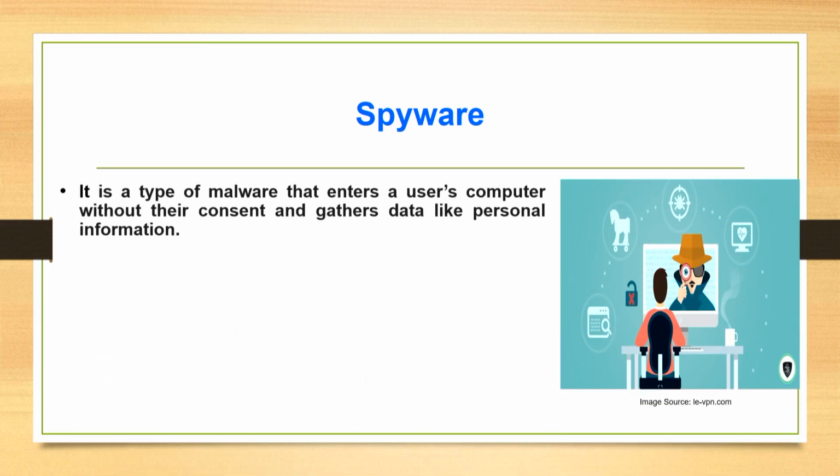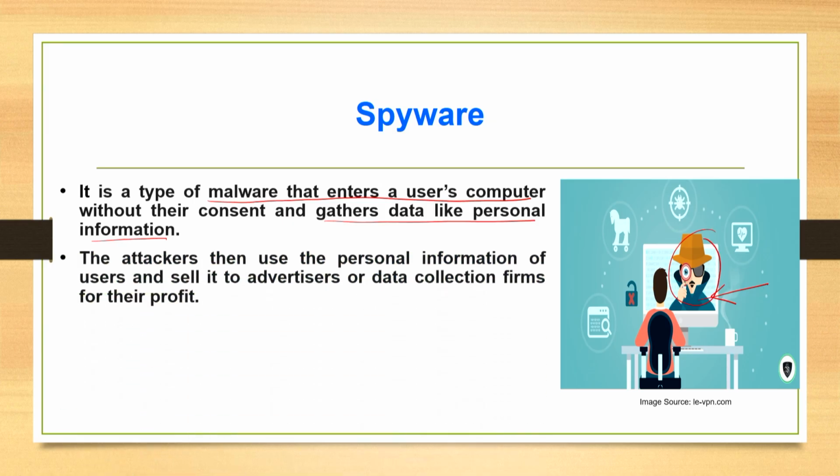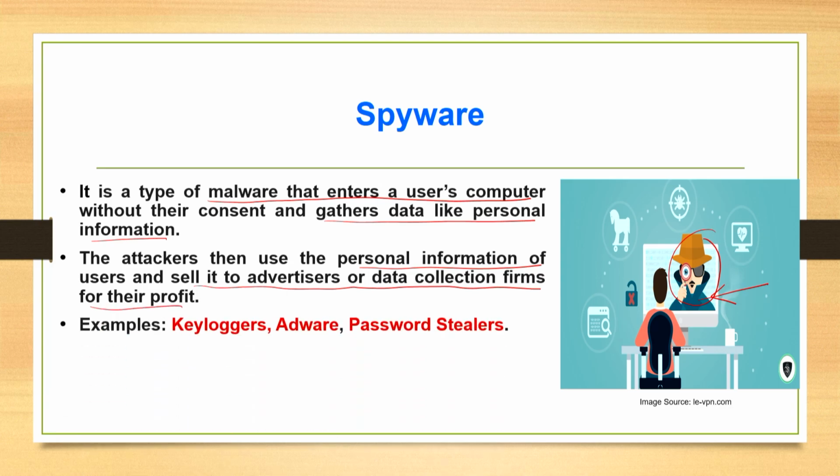Next one is the spyware. Spyware is a type of malware that enters a user's computer without their consent and gathers data like personal information. The attackers then sell the personal information of the user to advertisers or data collection firms for their profit.